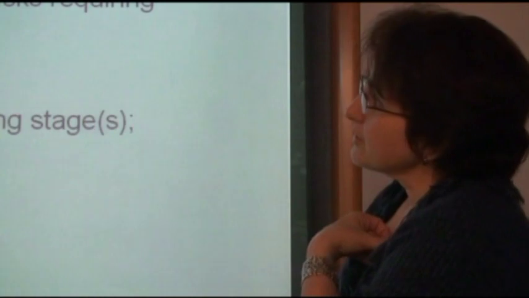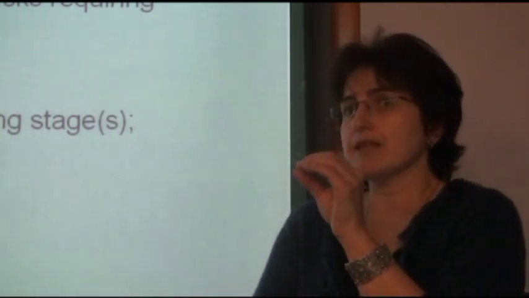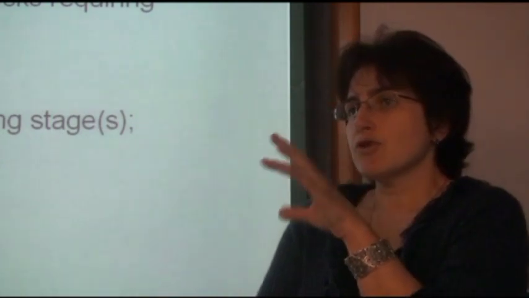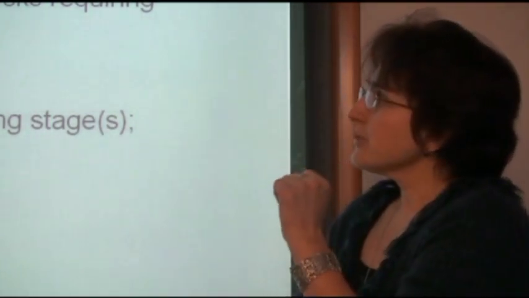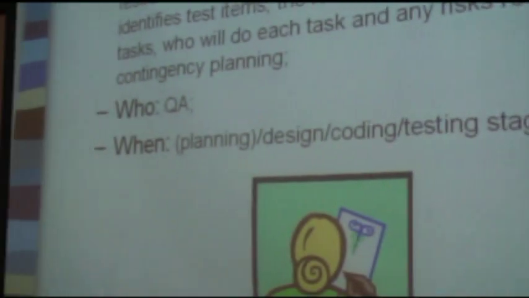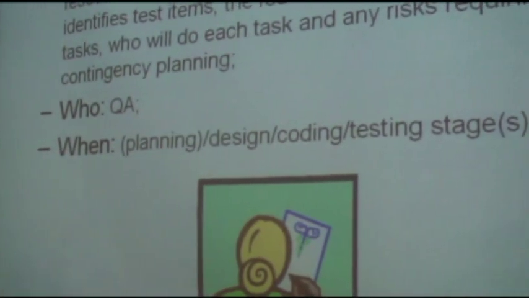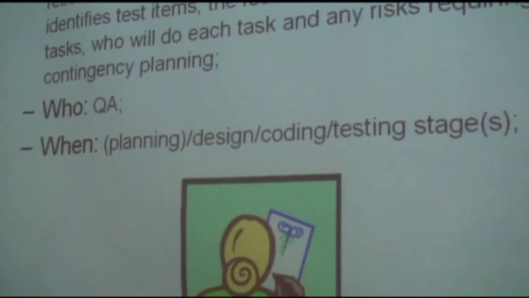Again, it has very few details. It does not have the actual steps of how the software will be tested, but it does have high-level items like features to be tested, features not to be tested, and I'll talk about it in a few moments, and the testing tasks, and also the test task distribution.